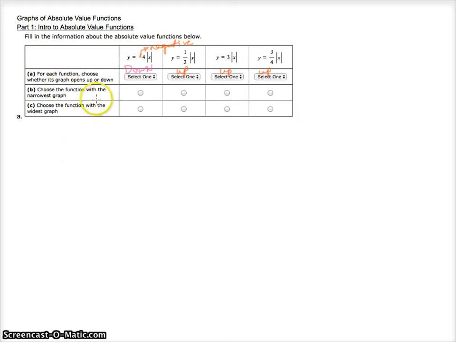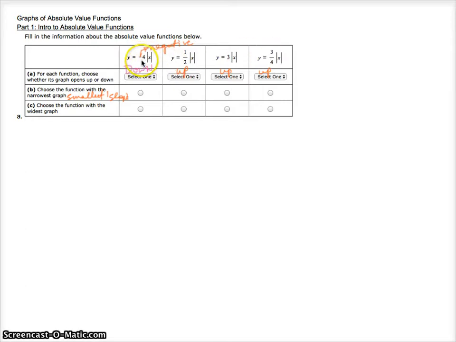Choose the function with the narrowest graph. Well, the narrowest graph means that it will be the smallest slope. The value with the smallest slope will be just the one with the smallest fractional form, not necessarily the lowest total value.